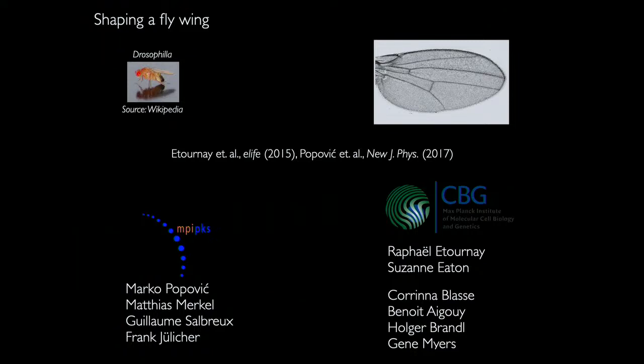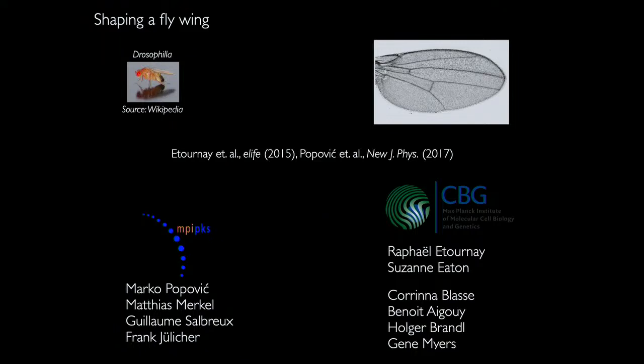So the idea is how this wing shape emerges due to various things that are happening at the level of this wing at a very early developmental stage, namely the pupal stage. This was a collaborative work with some very fantastic people, and all the experiments were done by Raphael in Susan's lab, and from the theory side, all these people were involved.